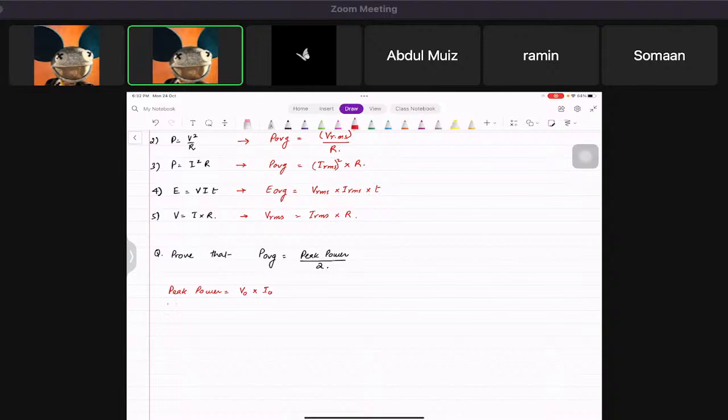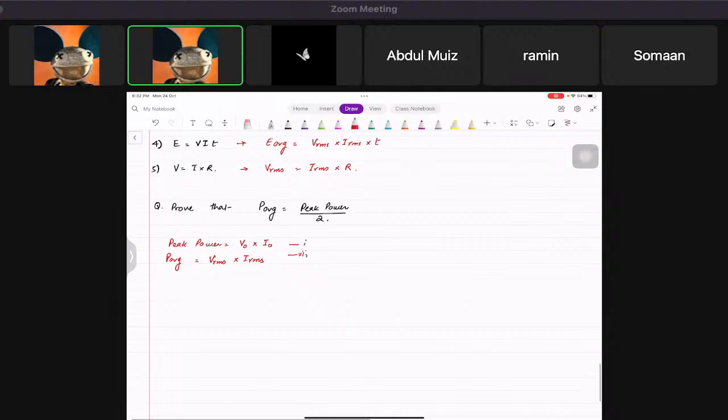We also know that average power is given by Vrms times Irms. So we need to rely on these two equations to get our answer. Let's write the formula right here. Average power is equal to Vrms times Irms.